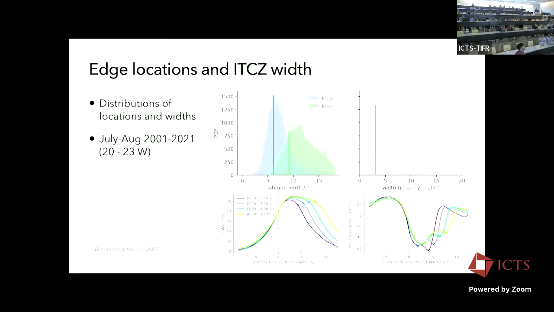And if you pick out the south and north edges and look at where they are positioned, this is for July and August over 20 years, and over the Atlantic. So they just average over 3 degrees longitudes over the Atlantic basin. And we find that there's a distribution of the south and north edges.